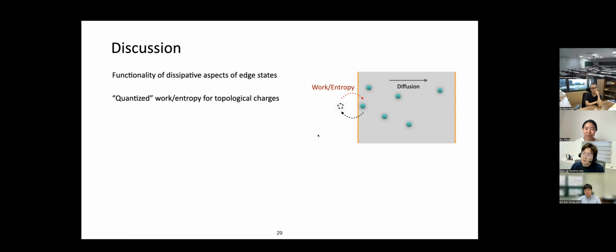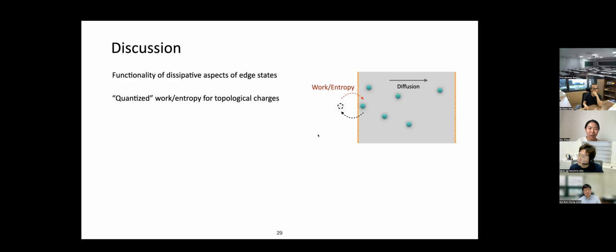And because these bulk excitations are topological, the work or entropy injected is quantized. And with a definite quantity of work and entropy, they might provide a route to manipulate or control how many you inject. So this might be useful for spintronic applications.